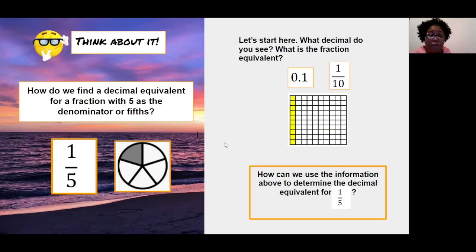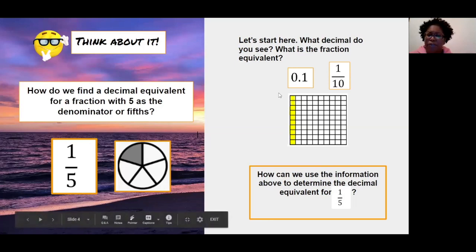Okay, what did you come up with? So let's start here. What decimal do you see? What is the fraction equivalent? 1/10. Okay. So how can we use the information above to determine the decimal equivalent for 1/5?